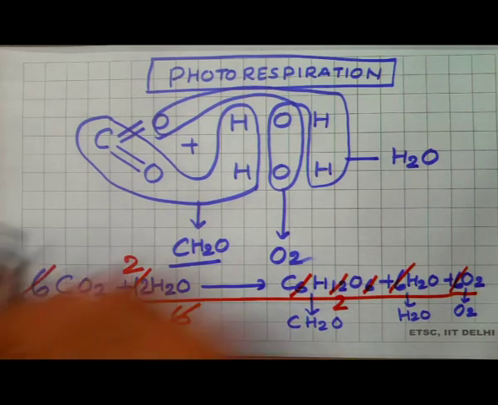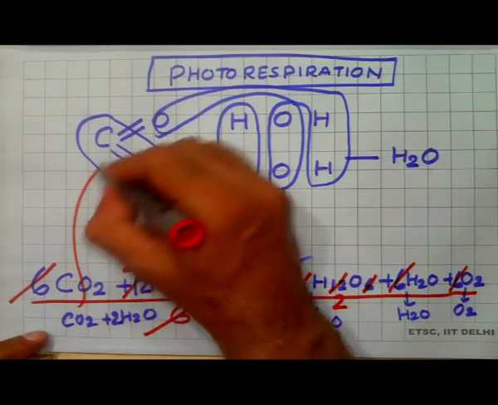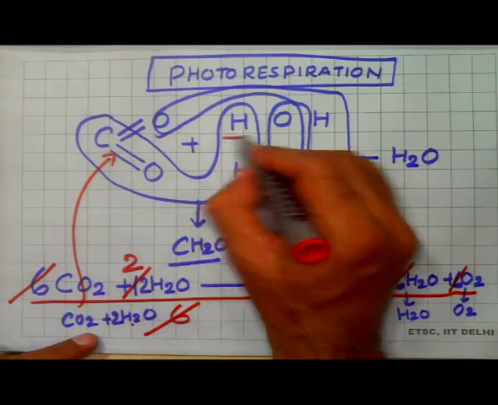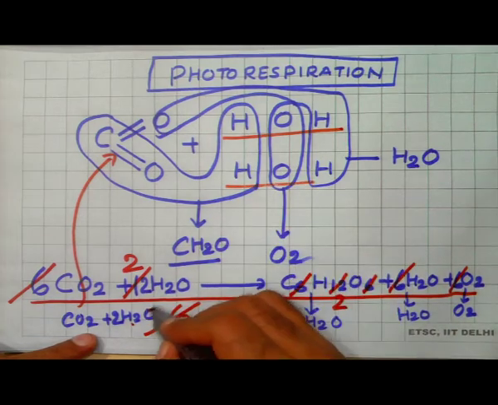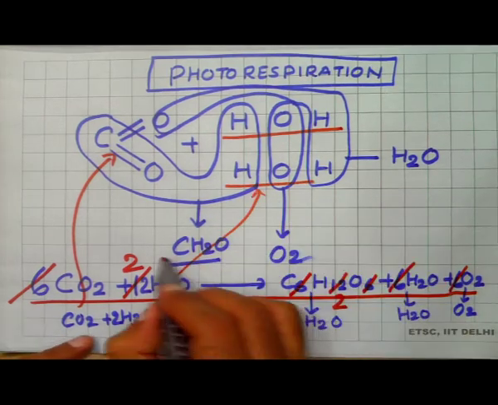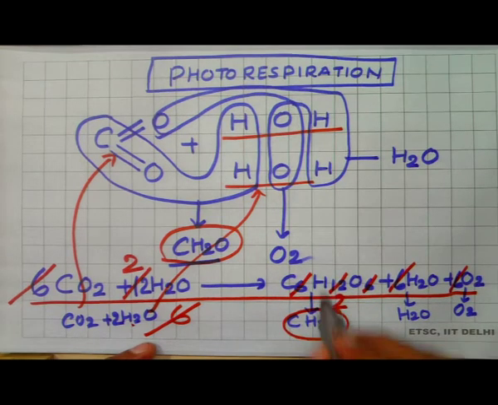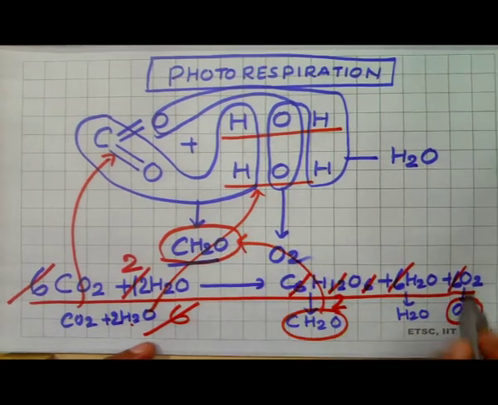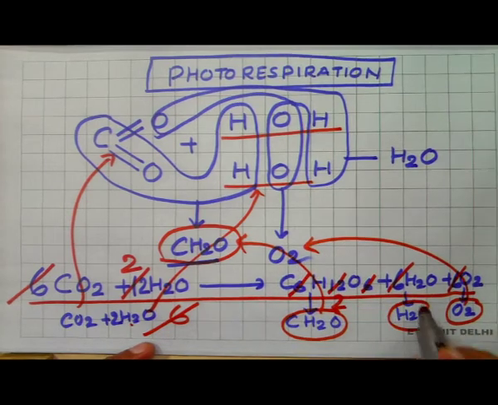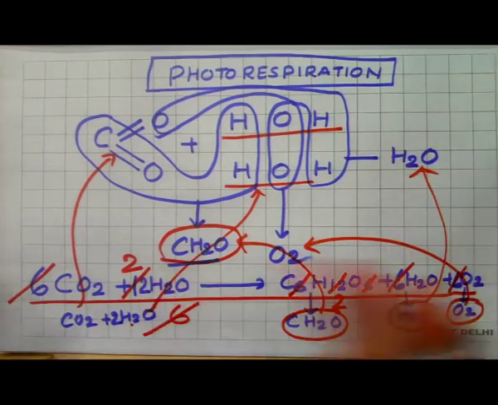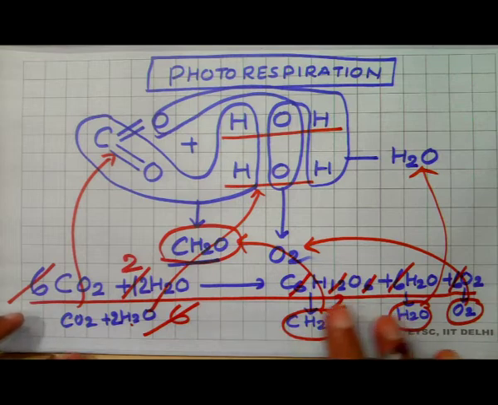So, here is the carbon dioxide, this one, 2 H2O is here. Now, the product is CH2O, this one, O2, this one, H2O, this one. So, the entire reaction we can summarize in this way.